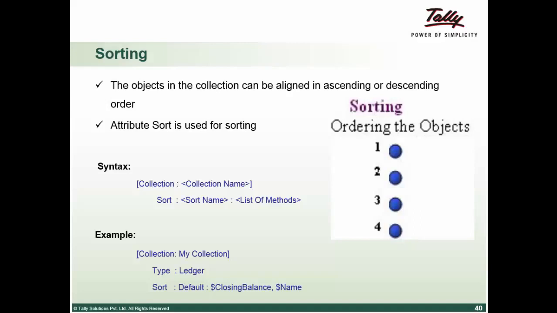However, with the help of the sort attribute, colon at our default is a system name. It is a system formula which carries a system name default. That means by default the collection should be sorted first on the closing balance, and if the closing balance is the same, then on its name.